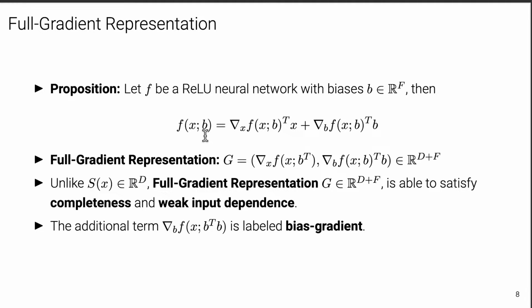So in order to capture this, we need to consider an additional term called bias gradients, which is the gradient of the network with respect to the bias terms. If we have many layers in our network, we'll have biases on each layer.